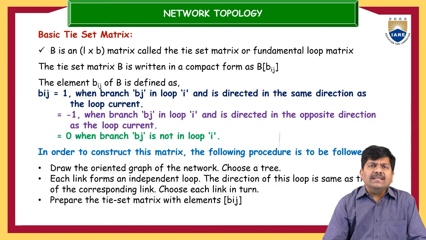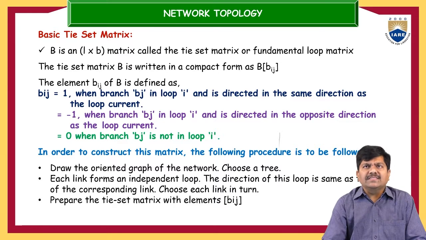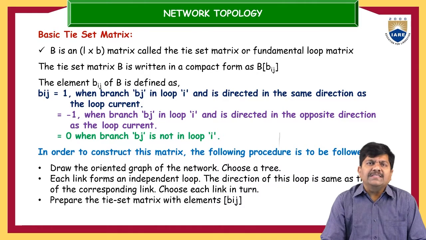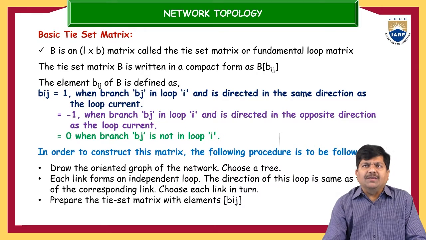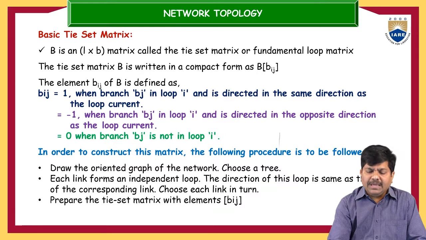This discusses the relation between the number of branches and the links, that is, the loops. That is the reason the size of the tie set matrix is L by B. This is called the fundamental loop matrix or tie set matrix. The tie set matrix is written as B, and all the elements are Bij.